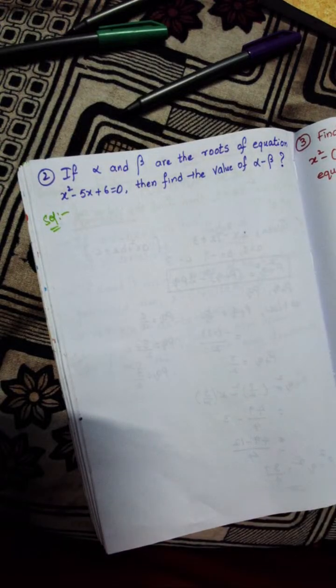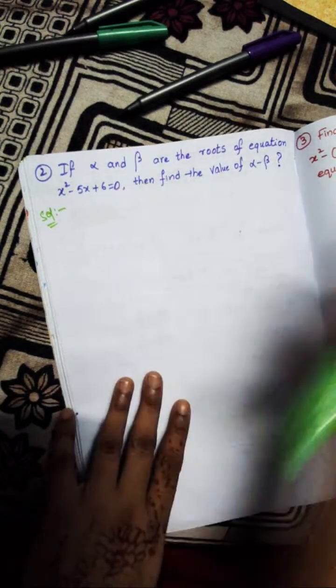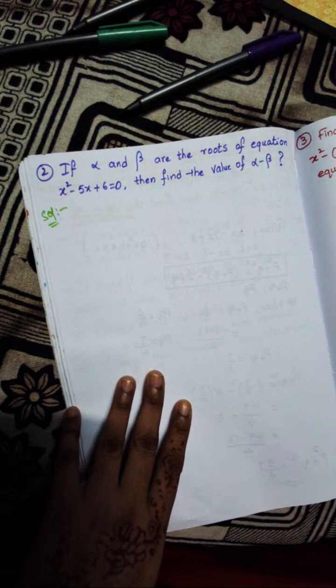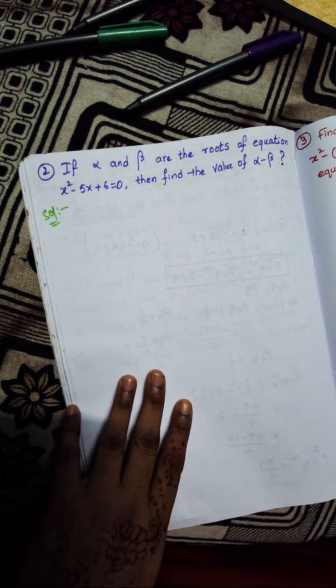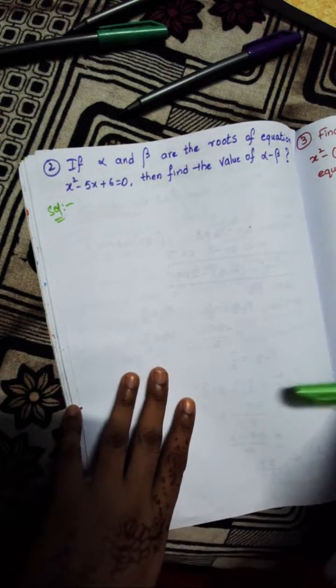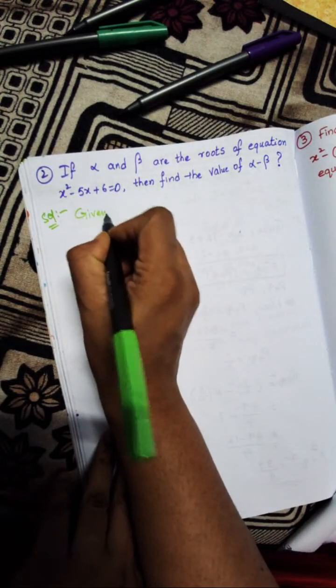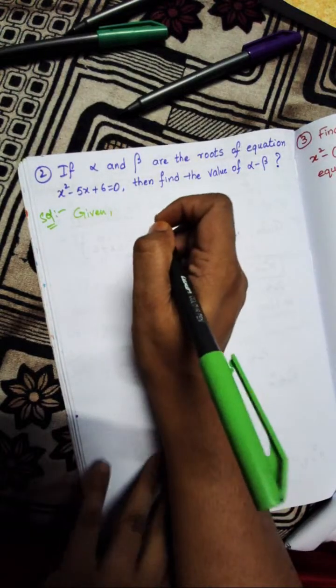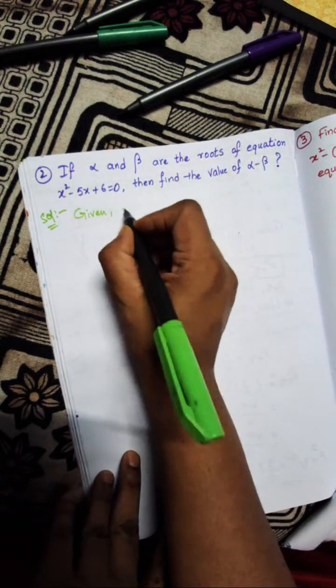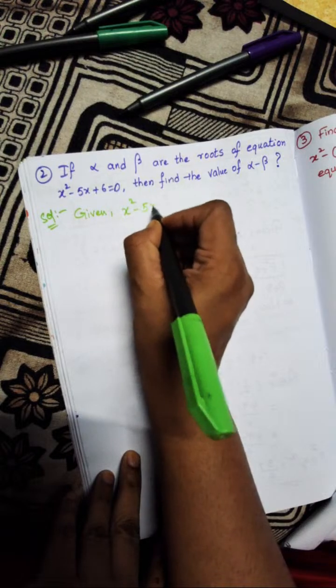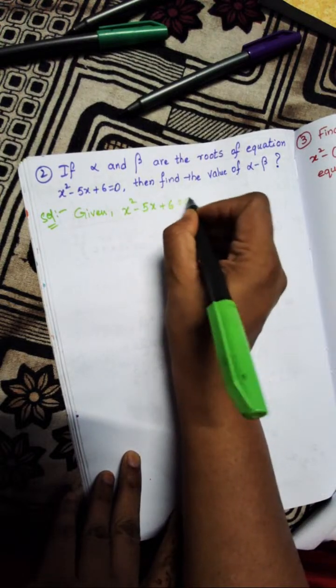Now here, children, what is given we have to write in the question, that is x square minus 5x plus 6 equal to 0.